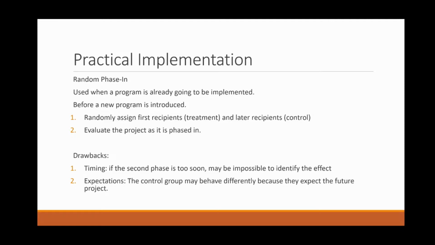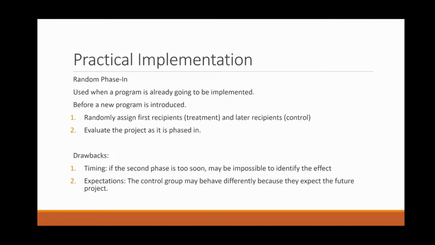So we randomly pick the 50,000 that get it in the first year. So that means at the end of the first year, we have the 50,000 that got the intervention and the 50,000 that didn't. So we have a treatment group and we have a control group. And so what we'll do is we'll compare the 50,000 that received it, the treatment group, to the 50,000 that didn't, the control group, and we will use that to determine the impact of the intervention. Okay, so that's our treatment group and our control group.